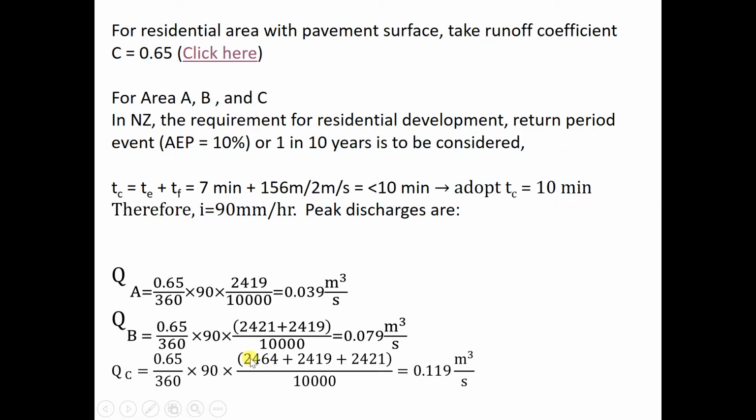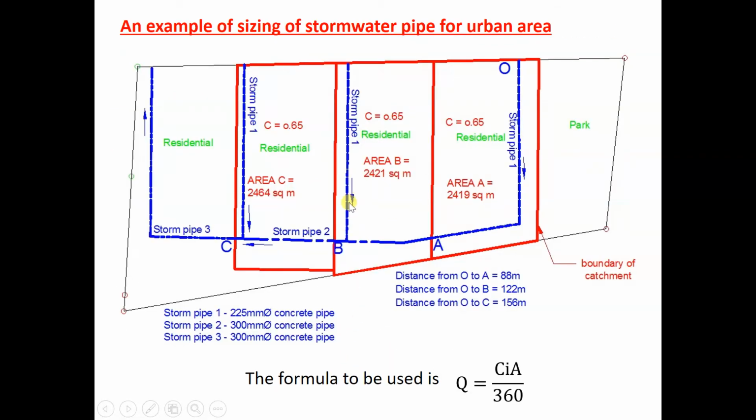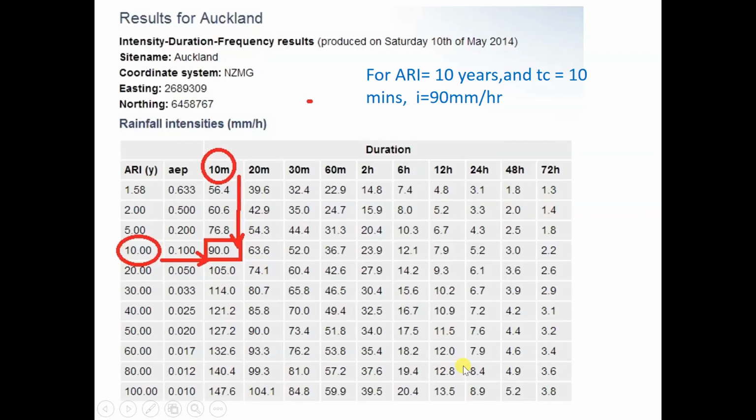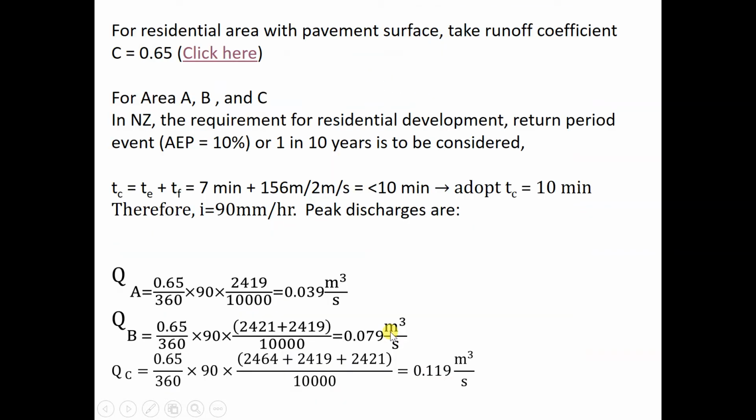And for QC, the area is the cumulative of these three areas A, B, C. The C and the I remain the same, and we get 0.119 meter cube per second.